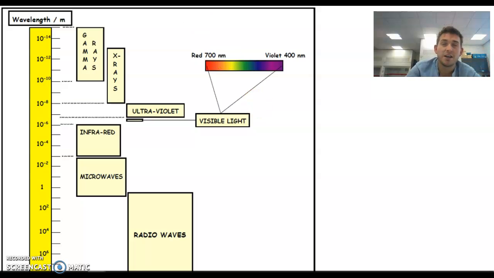And then you can see the rest. Now, you'll notice there's a huge overlap here between X-rays and gamma rays. That's about functionality and production. So X-rays are produced using an X-ray tube, and gamma rays are usually produced from radioactive or huge energy events. So if we say it's being produced like this or being used for X-rays, we'll call it an X-ray.